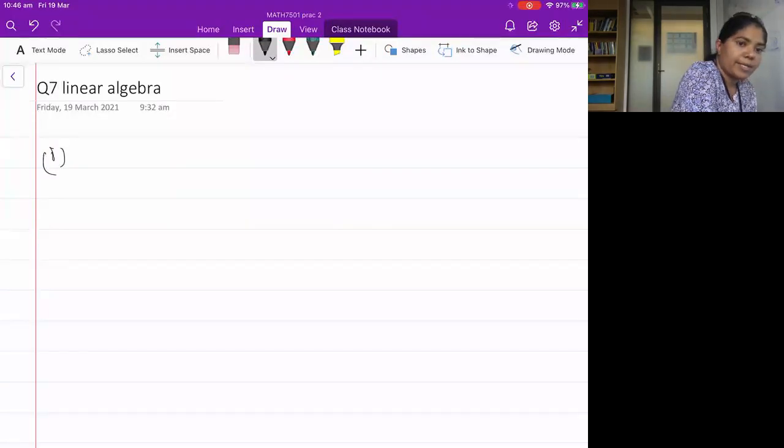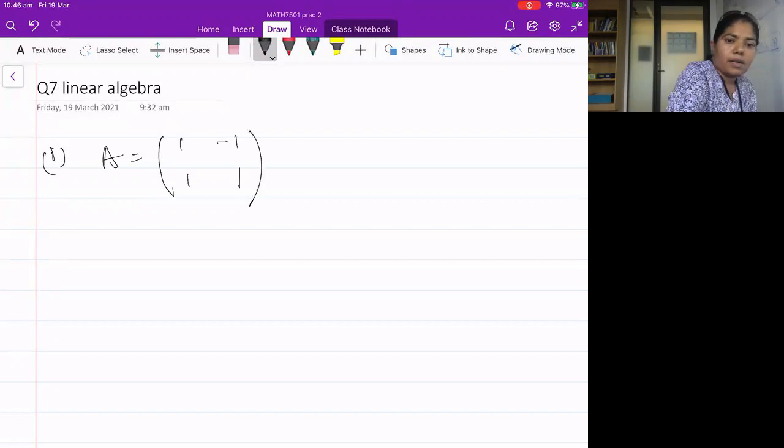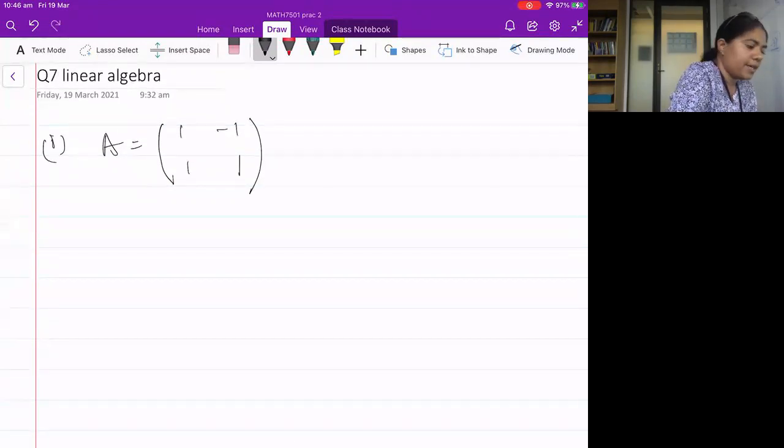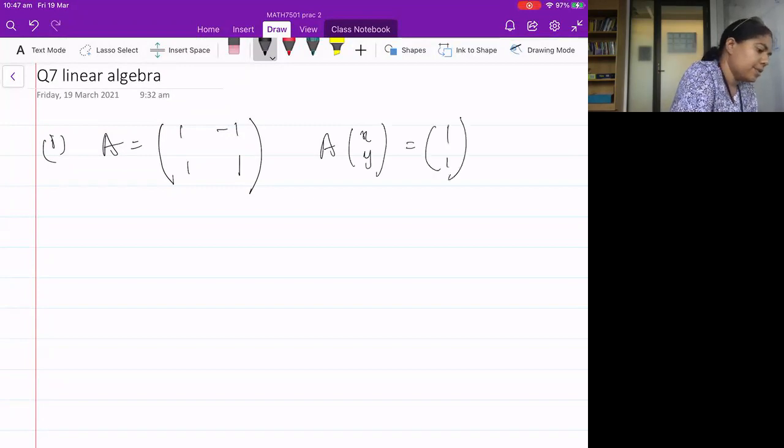So if alpha is -1, A equals [1, 1; -1, 1]. Find x and y such that the system of equations satisfies the given A times (x, y) equals (1, 1). Should be easy.